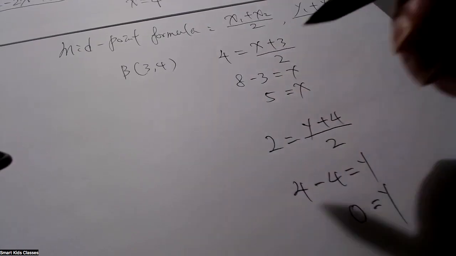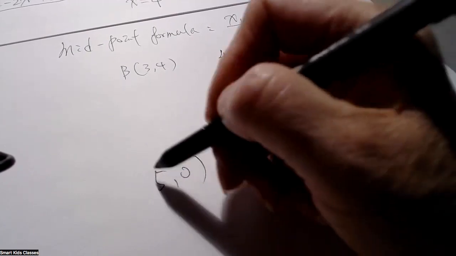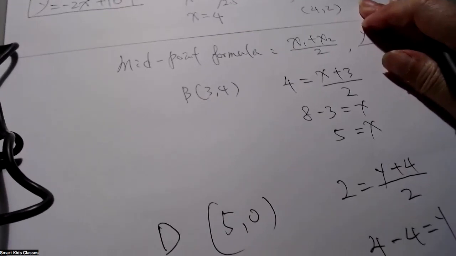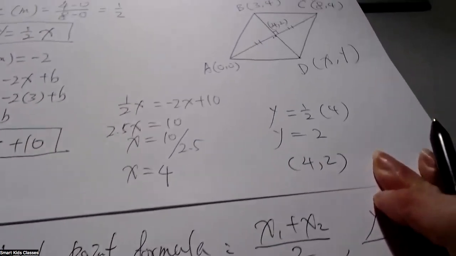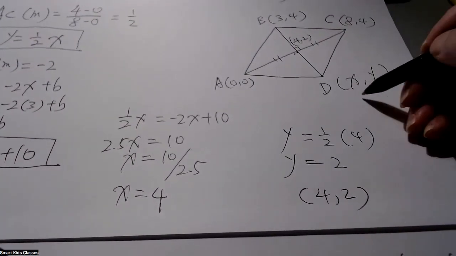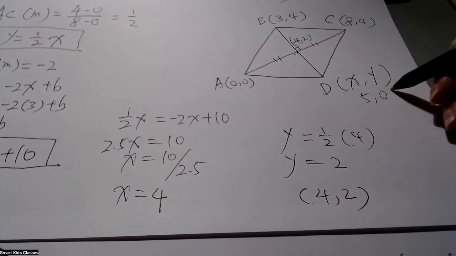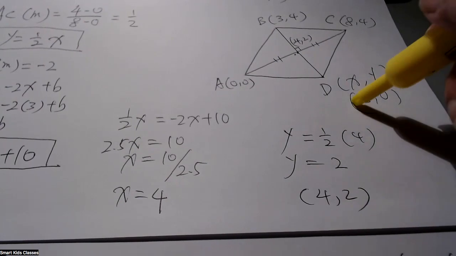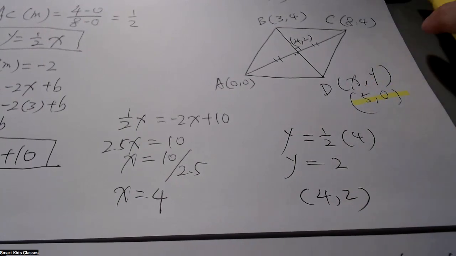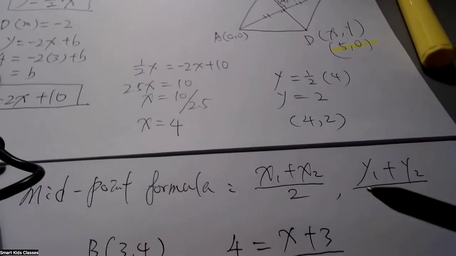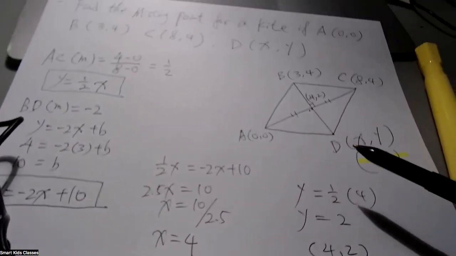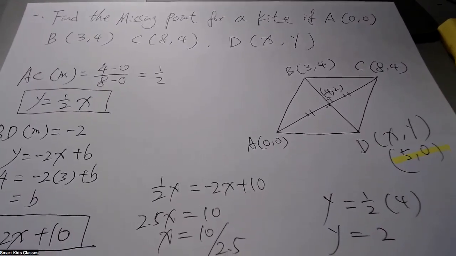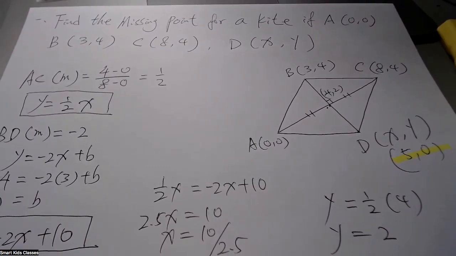It's equal to 5 and 0, and that's D. So we solve this D point x and y: it's 5 and 0. That's how we solve it. We use the slope and also the midpoint formula, and then find D. That's how to solve for the missing point in a kite.